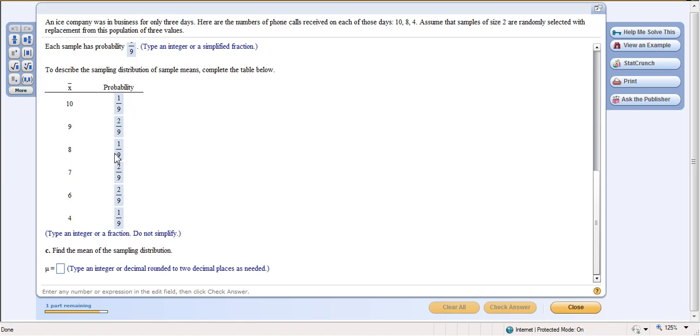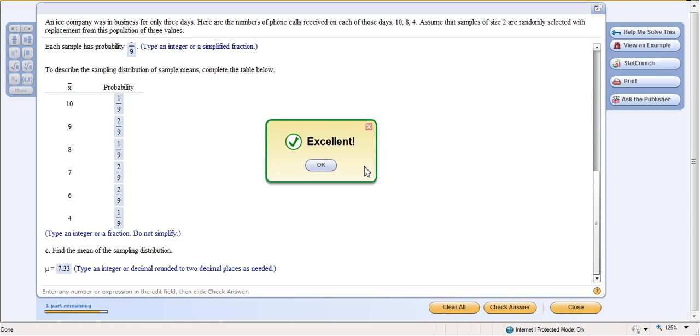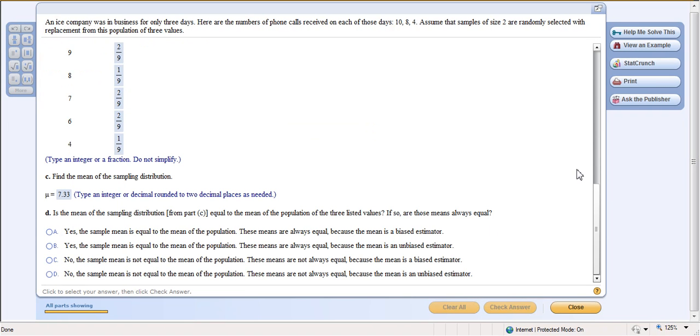And then 8 times 1 ninth, and 7 times 2 ninths, and 6, and so on. So you're going to take this times this times this, and so on, add them all up, and you get 7.33. So we check our answer. Well done.